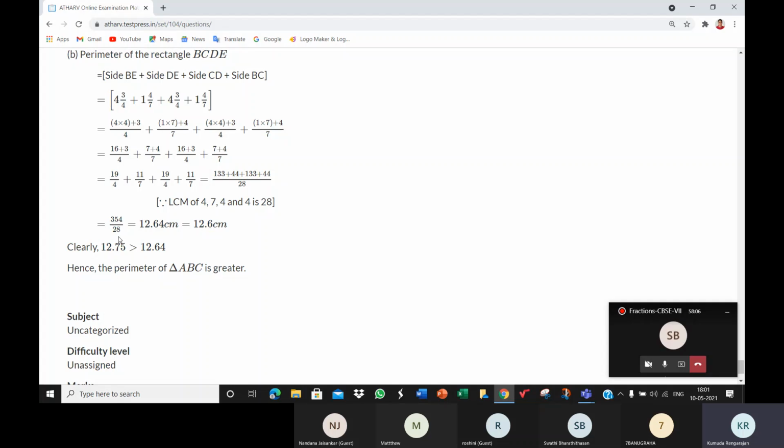See, when I say tables, multiplication tables, children, not addition tables. So check if the numerator is divisible by 2 or 7. No, it's not. 177 is not divisible by 2. 177 is not divisible by 7. So that means it's the simplest form.